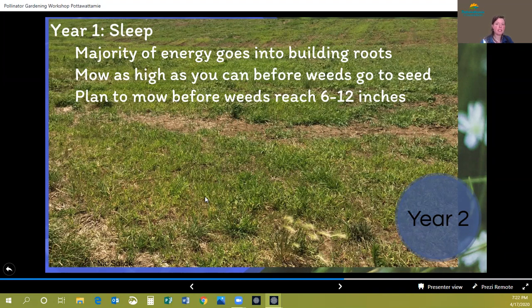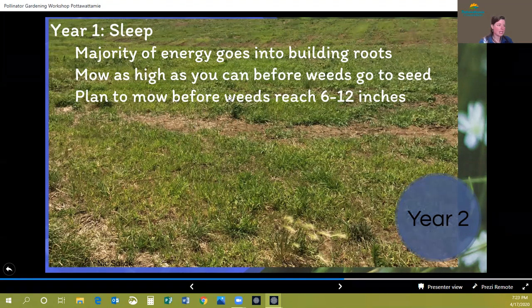Because if you have a lot of energy in your roots, when fire comes by or a drought comes by or you get frost killed, you still have a lot of energy in your root system to sprout again. So the first year we say they sleep. The majority of the energy goes into roots.